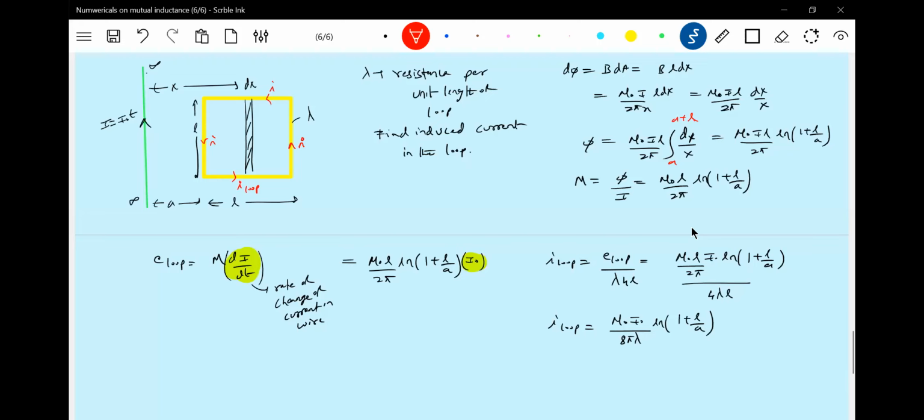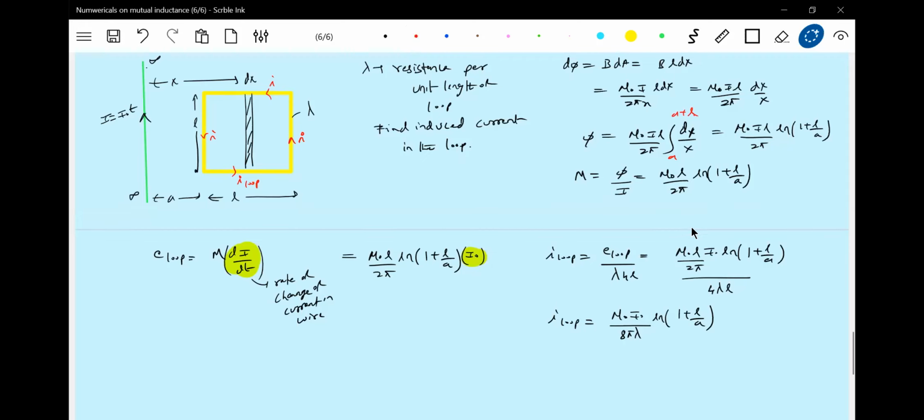Okay, everyone fine? So there is some sort of EMF there, no? So we can replace that loop by a source E loop and also the resistance. So what will the equivalent circuit be? The equivalent circuit.